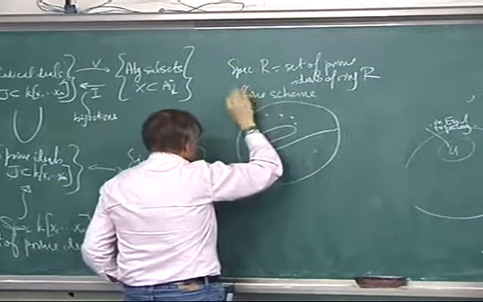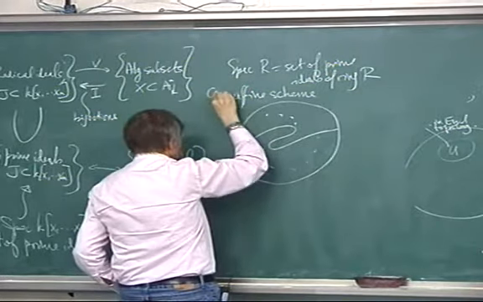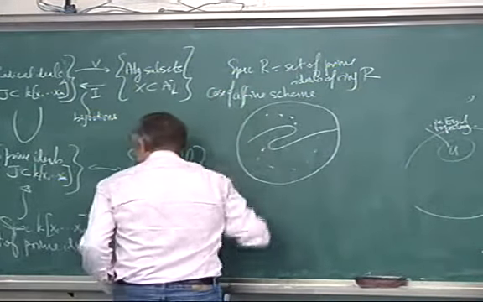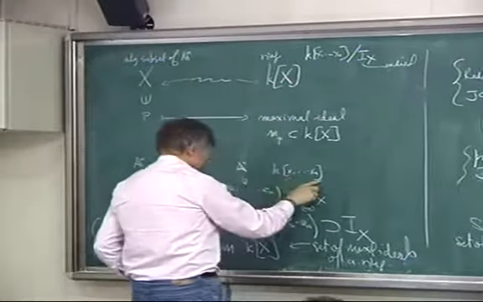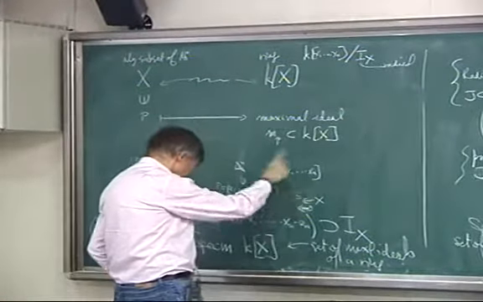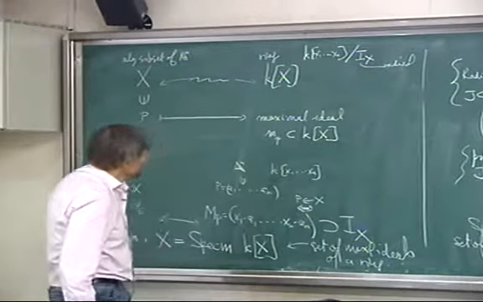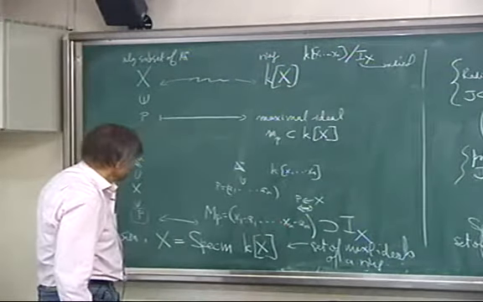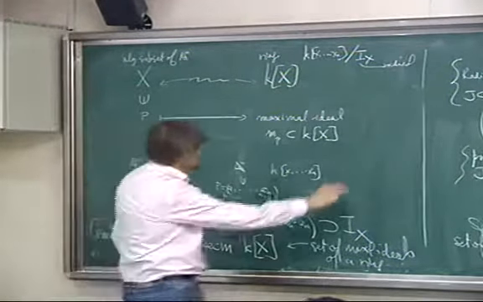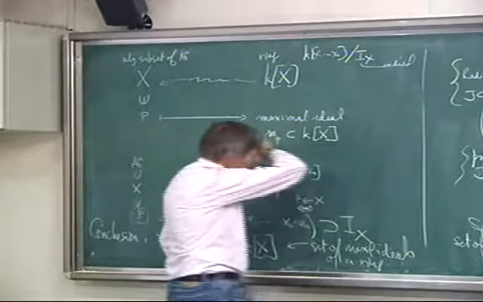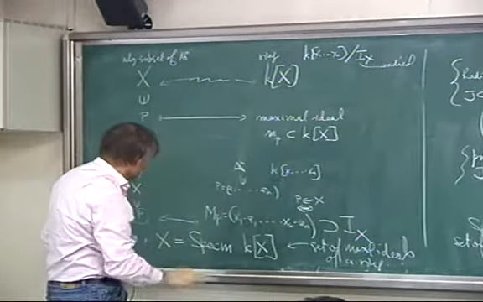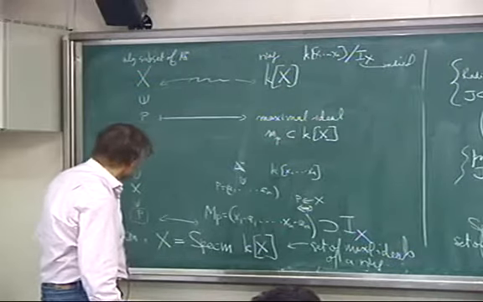I mean, it's a particular case. So the rings I'm working with here contain a field and are finitely generated over a field and usually are integral domains or have no, you know, radical rings. So I'm not telling you the whole thing. Right?